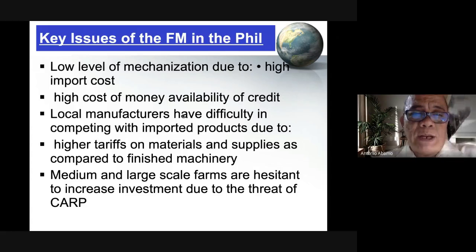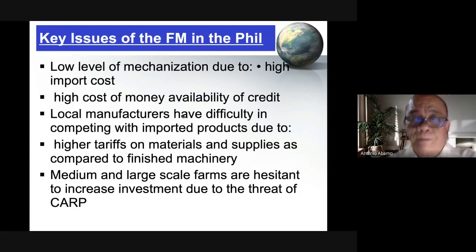We haven't really gone that far because our machines are imported from other countries. And when you import from other countries, the specifications for a particular land area are different. That's why it's also difficult to customize them here in the Philippines.